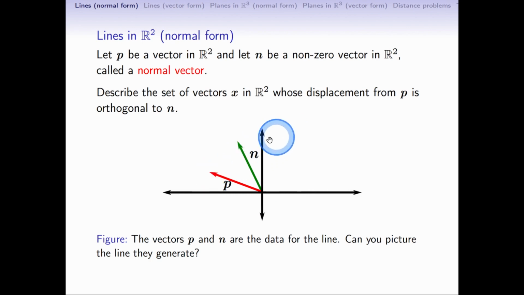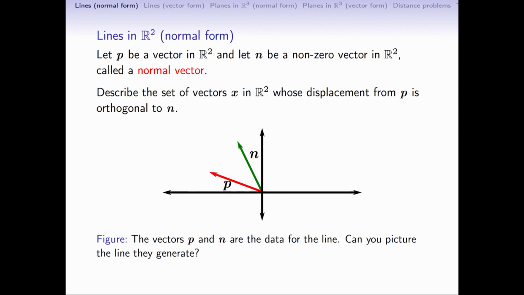If that generates a displacement, if x minus p is orthogonal to n, I'm going to keep that vector. But if I generate a vector and x minus p is not orthogonal to n, I'm going to disregard that vector. So what would be the set of vectors that we would admit?